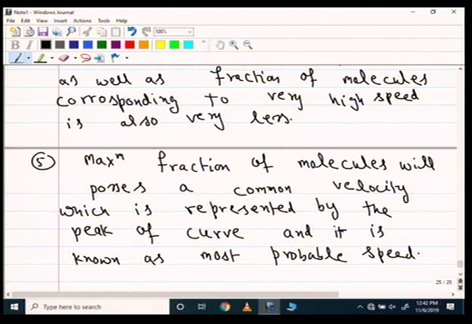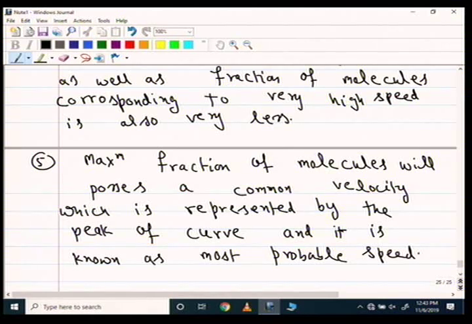And he observed that when we plot them, we will obtain a bell kind of graph over there, and that bell kind of graph can represent these kinds of speed. Now, simply saying that the maximum fraction, obviously that will be at the peak, will represent the molecules who have the most probable speed.